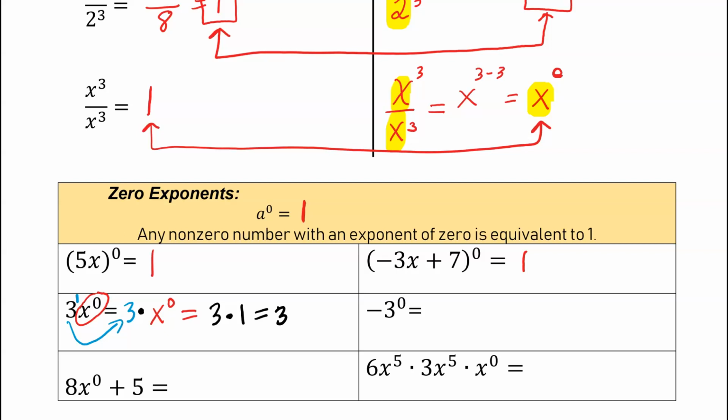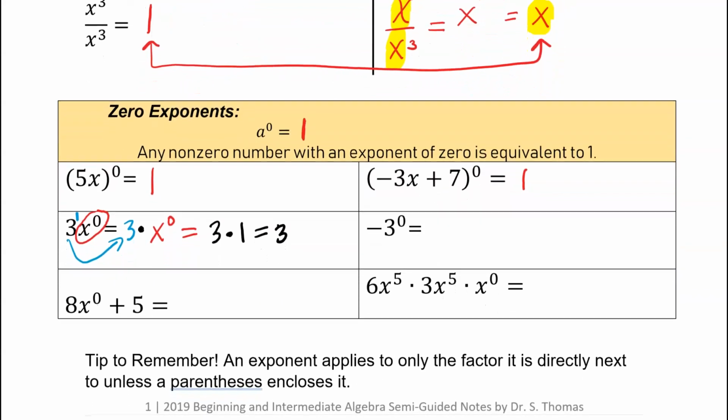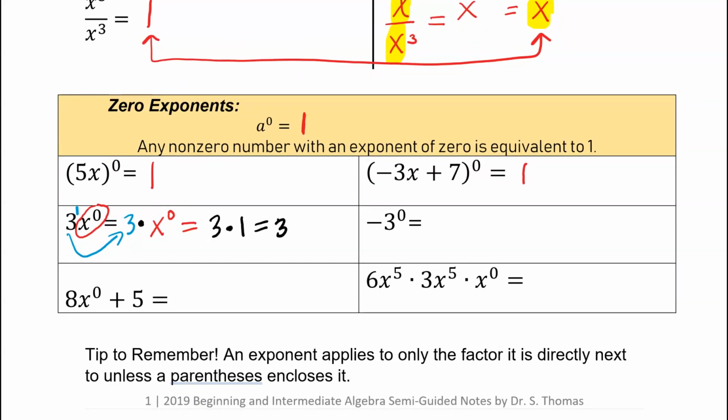Let's move on. Negative 3 to the 0. So what is to the 0 power? 3, not the negative. So tip to remember, let's go down here. An exponent applies to only the factor it is directly next to.